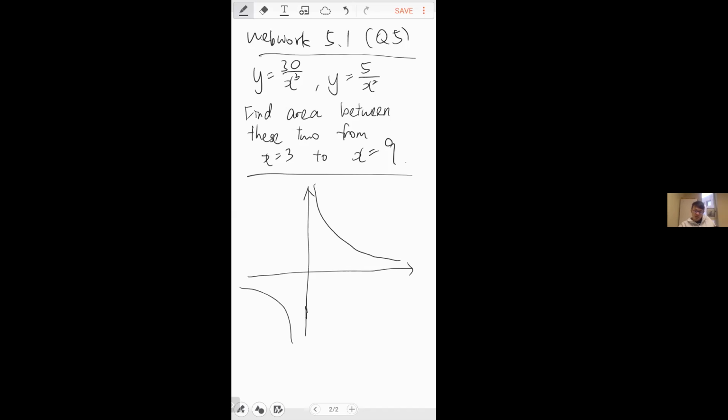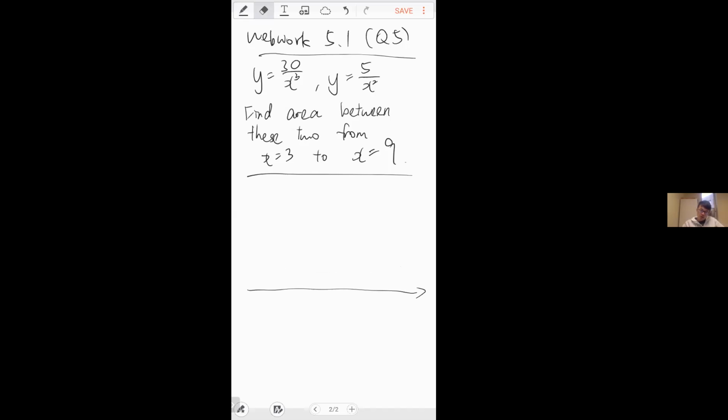On the positive side and on the negative side. And any other functions like 1 over x cubed, 1 over x squared would be almost the same. Because I only care about the area from 3 to 9, I'm only drawing the positive part. So let's try to rescale this.